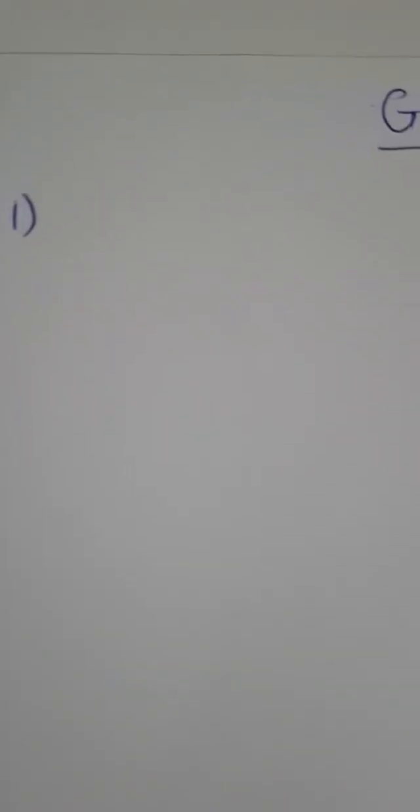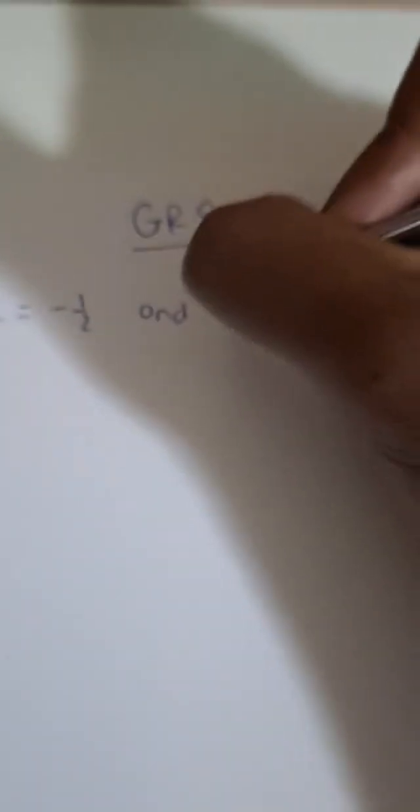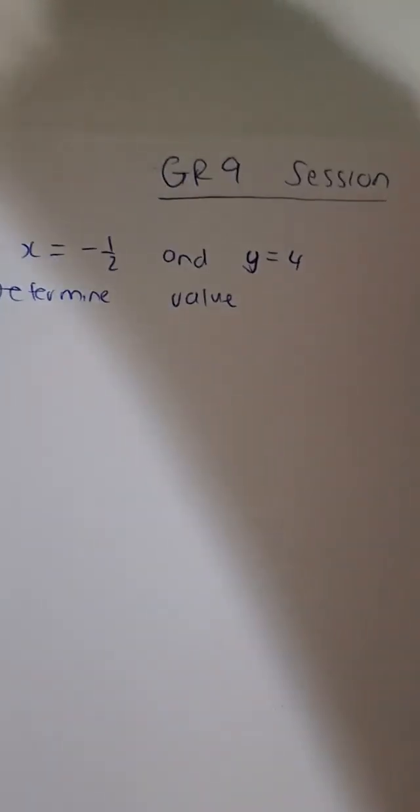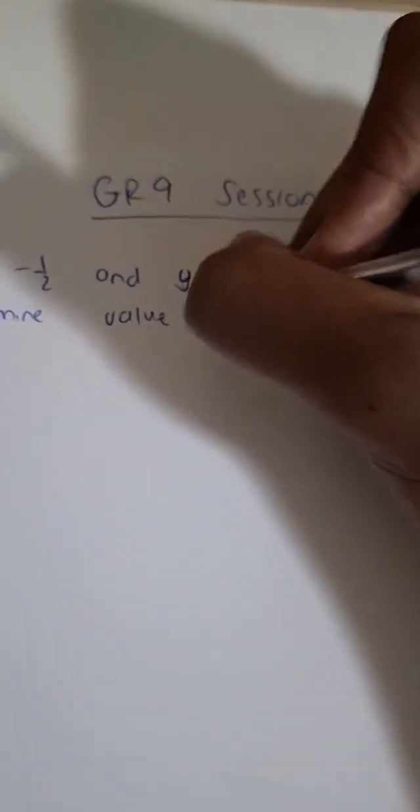Okay, so grade 9. If we're looking, for instance, at: if x is equal to -12 and y is equal to 4, then it says determine the value of the following expression.